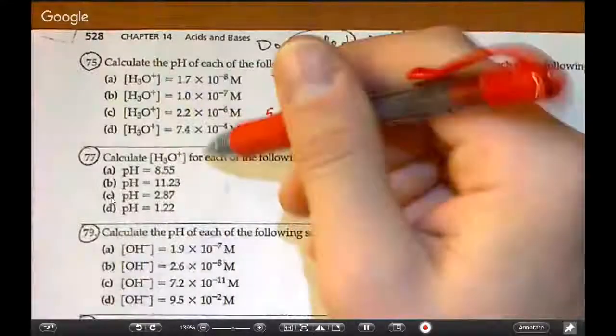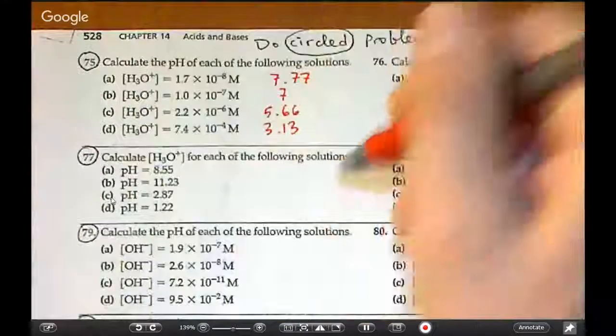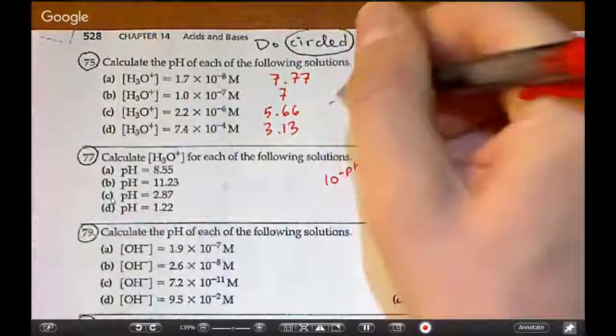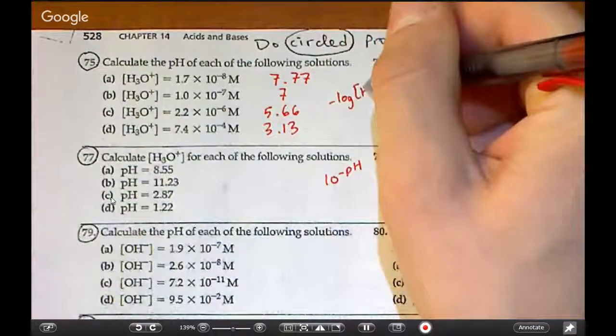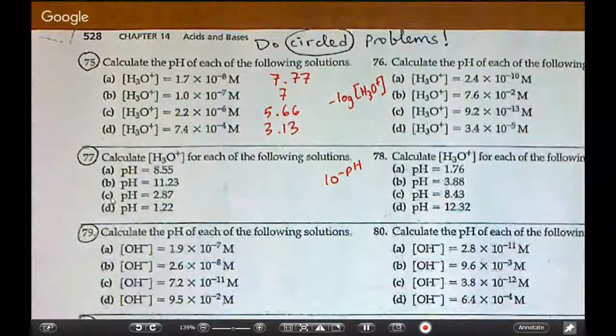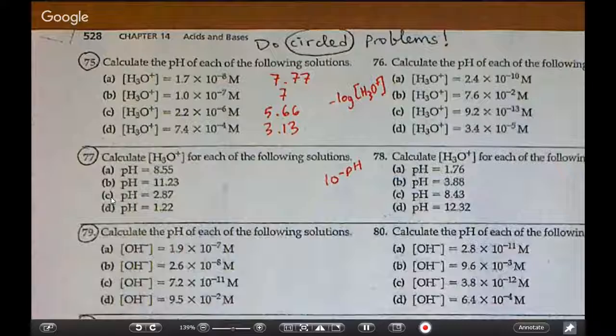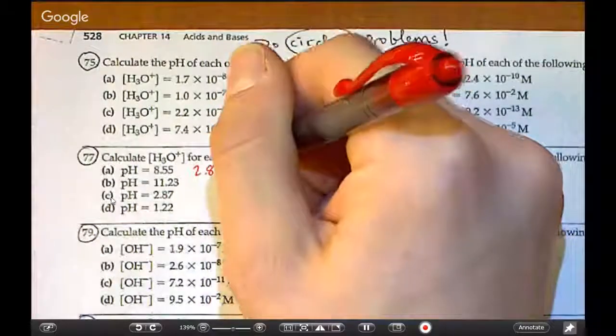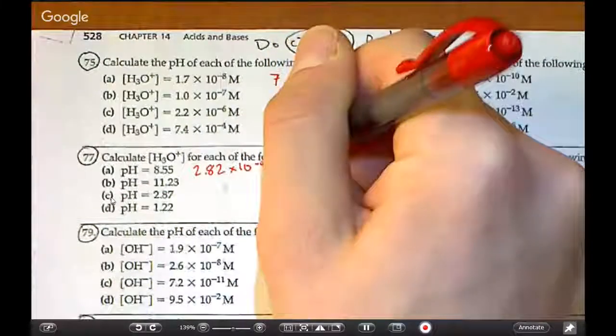77, calculate hydronium for each of the pH. This is where we're using inverse log of the negative pH. So for that one, in scientific notation, 2.82 times 10 to the minus 9 molar.